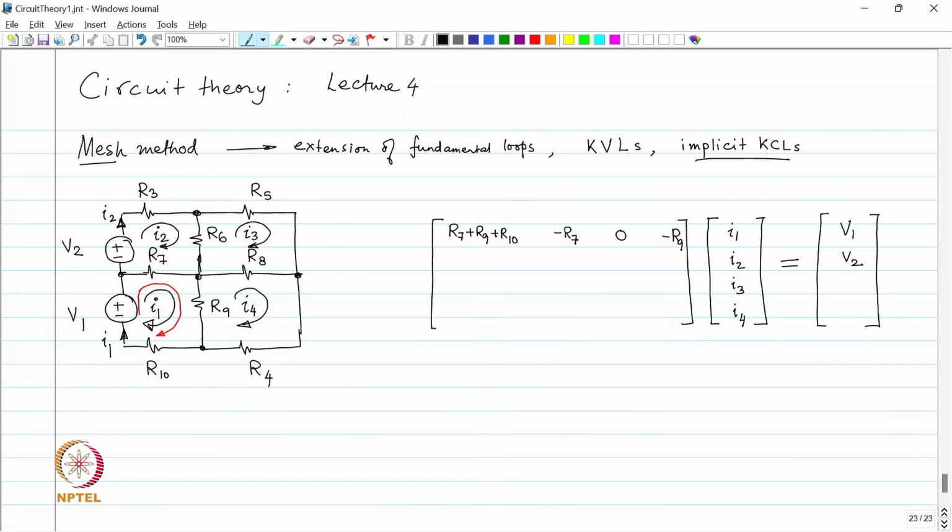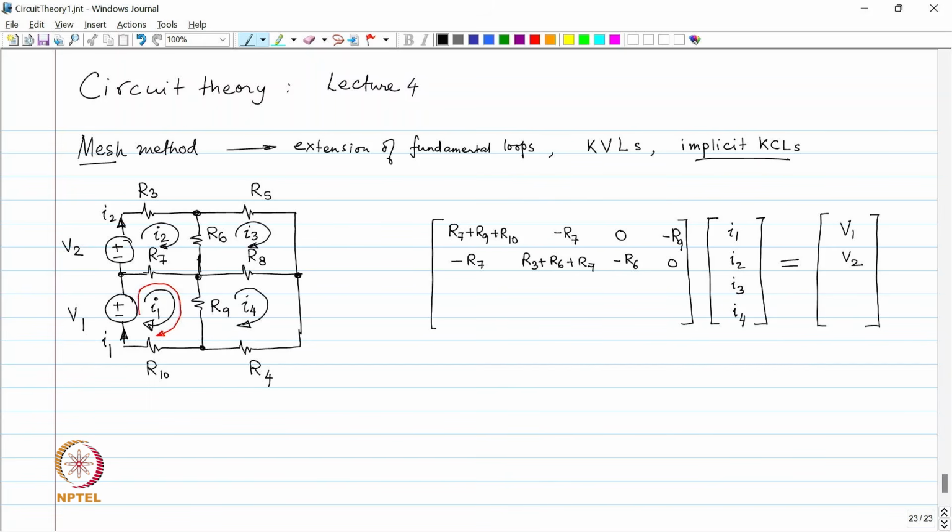Then I2 goes through R3, R6 and R7, minus I3 goes through R6 and minus I1 goes through R7. Is this okay? Clear?